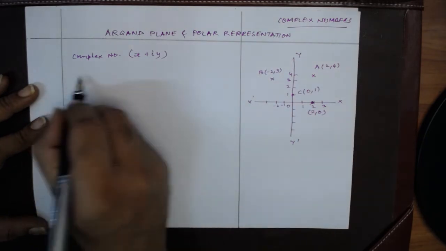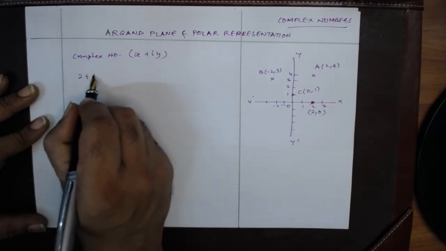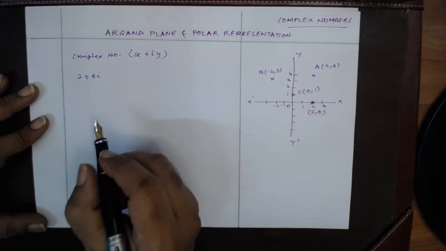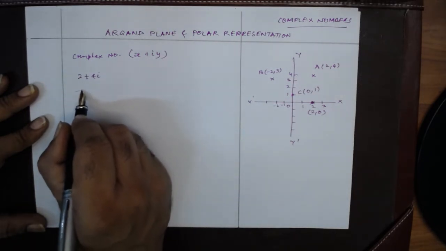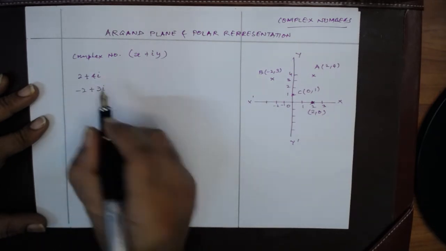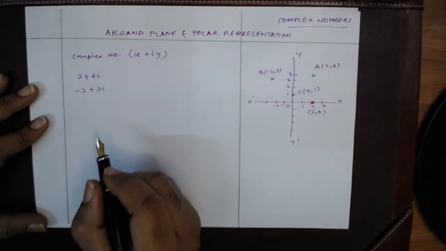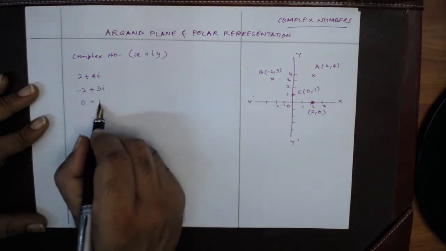So let me have some complex numbers like 2 plus 4i, minus 2 plus 3i, 0 plus 1i.